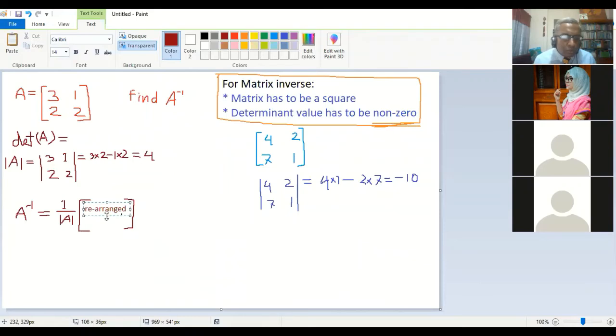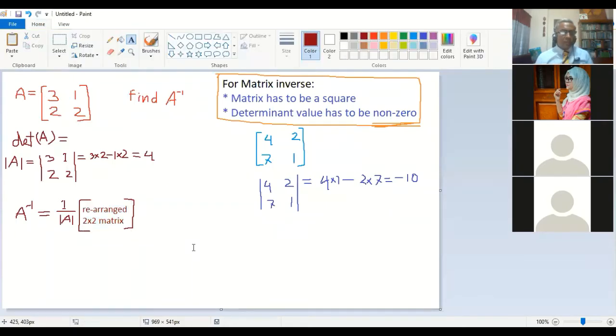If it is not 2 by 2, then this system will not work. Only if it is 2 by 2, this type of rearrangement is possible. So I am writing 1 divided by determinant of the matrix, and then the rearranged 2 by 2 matrix.